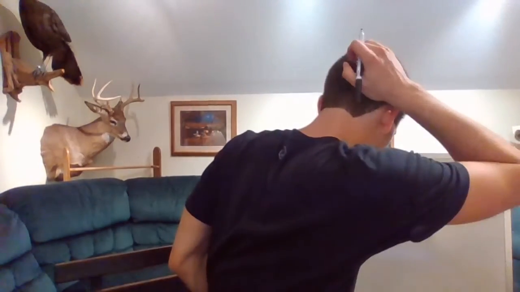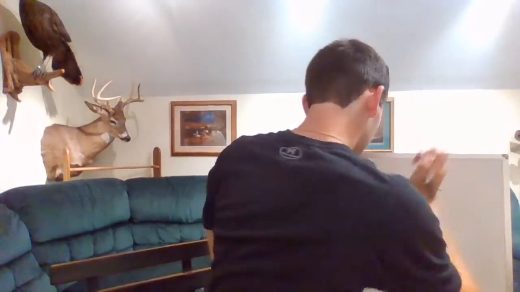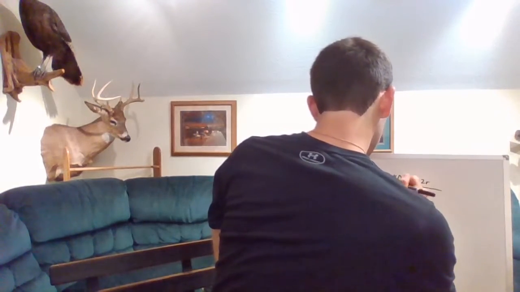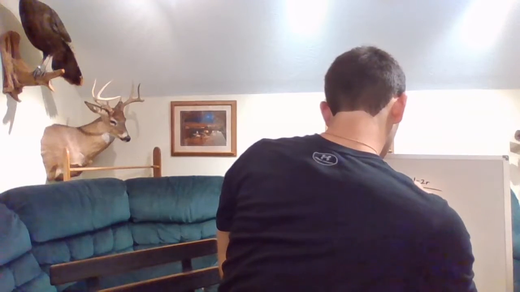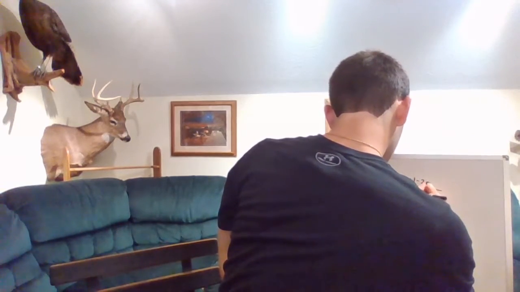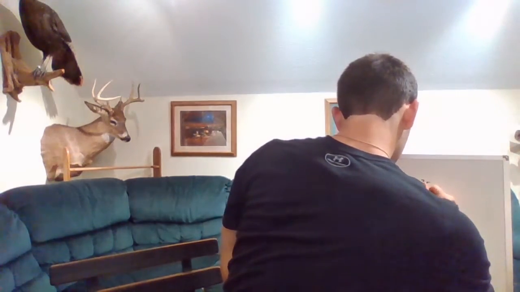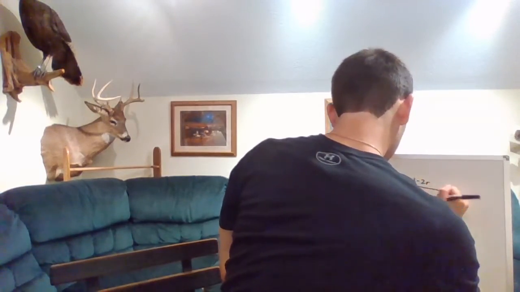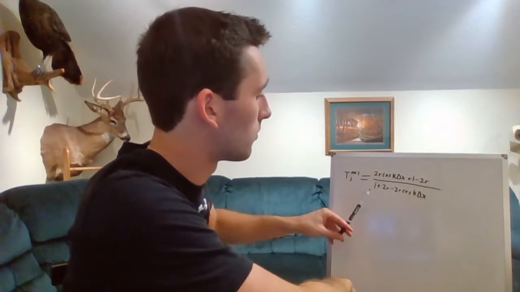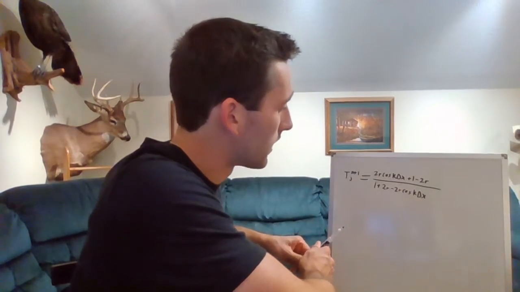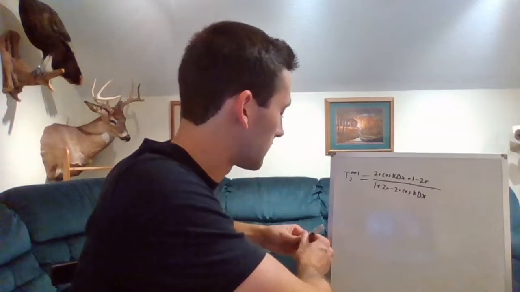And in the denominator, we are going to get 1 plus 2r minus 2r cosine k delta x.